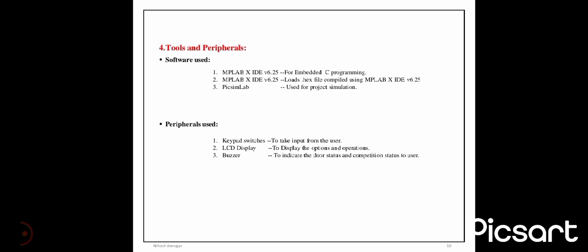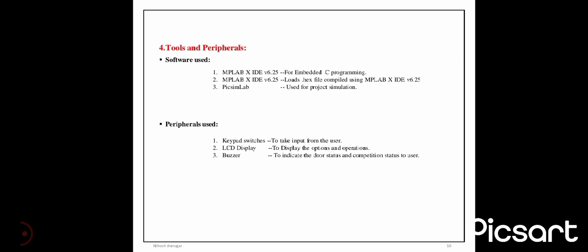Let us see what are the tools and peripherals used in this project. We have used MPLAB X IDE v6.25 version for embedded C programming. In this software, we will code and do the C programming.